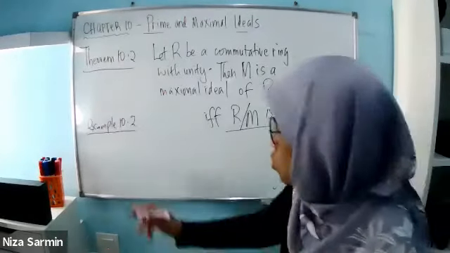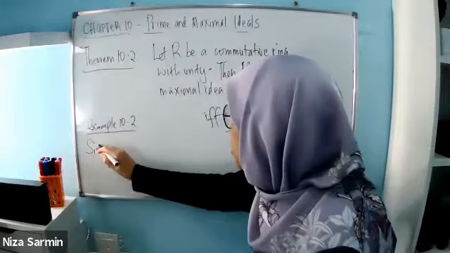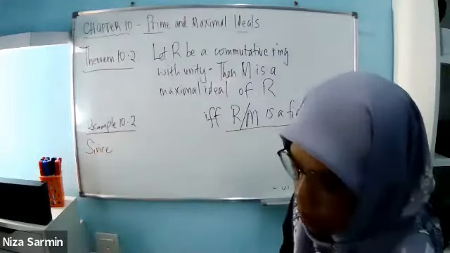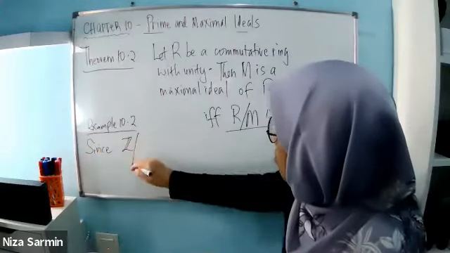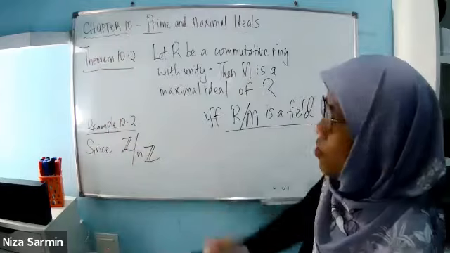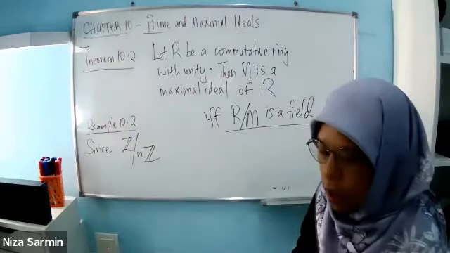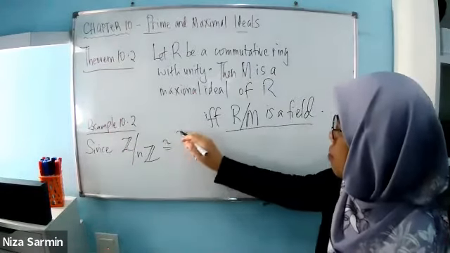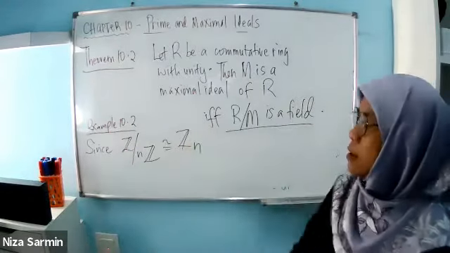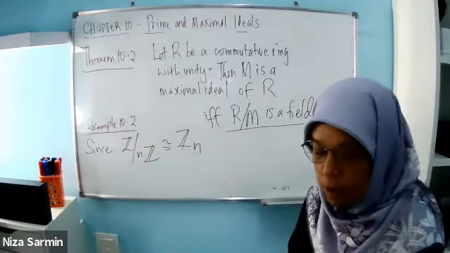Okay, 10.2. Since Z mod nZ, we have seen this before, right? Z mod nZ is isomorphic to Zn. Okay.